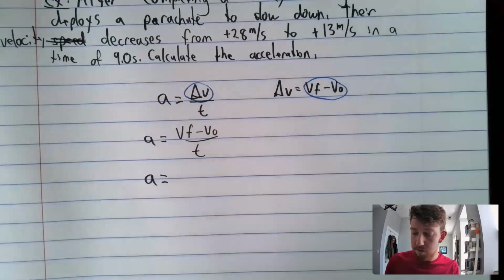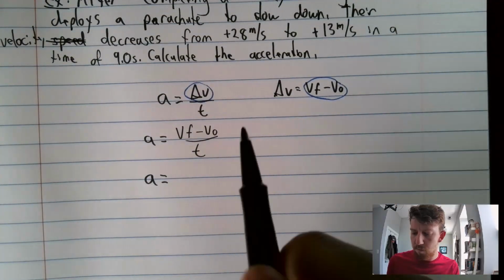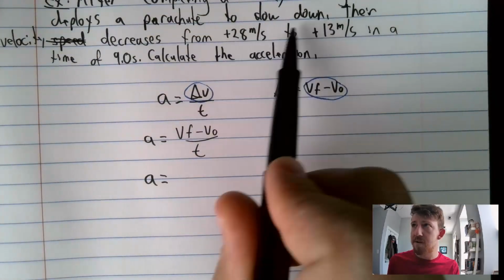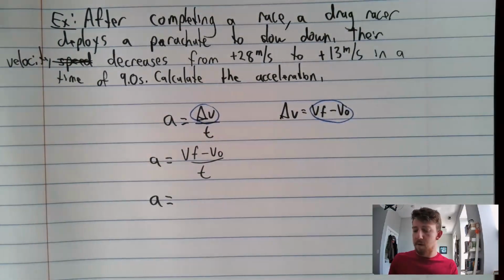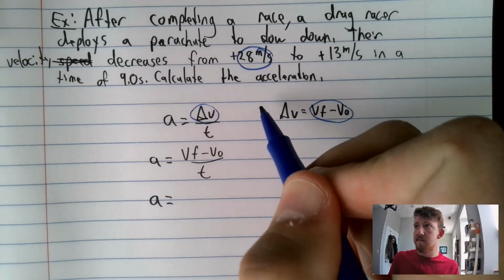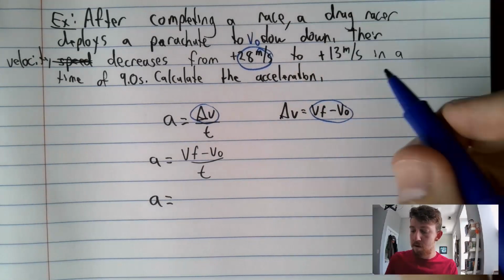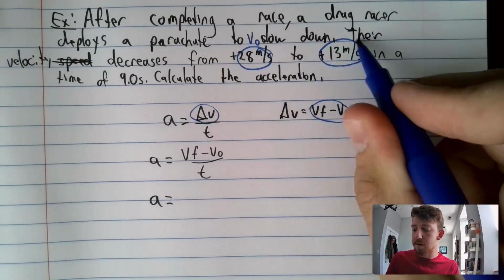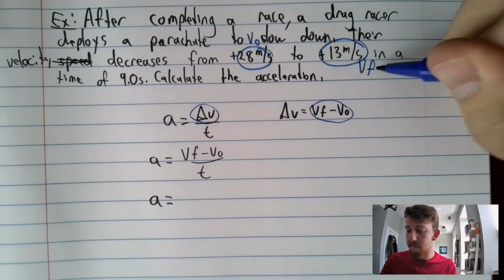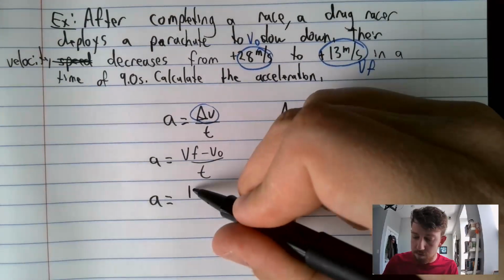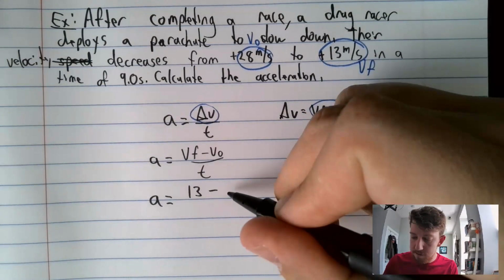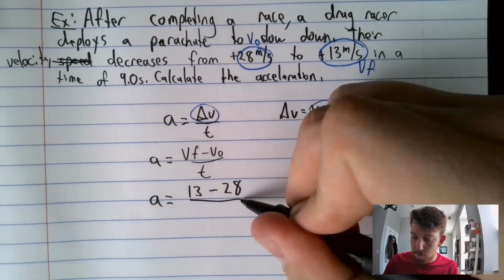A equals, let's see, which of these happened first and which of these happened second? Looks like we went from 28, so that's V0, to 13, so 13 is VF. So we'll do 13 minus 28 over 9.